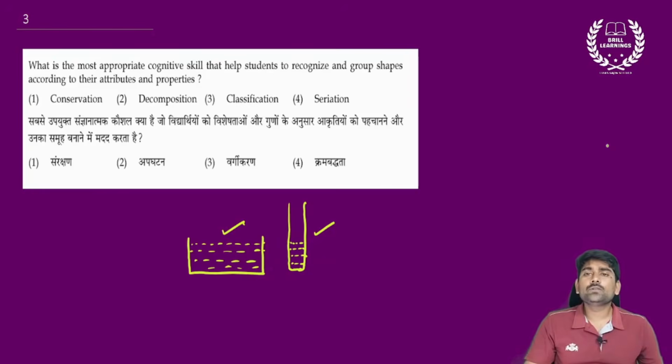Seriation means arranging objects in sequence based on attributes like size or length, but not based on the properties. Options 2 and 4 are not based on the properties, whereas the third one, classification, based on the attributes and properties, they can group the shapes. So the third one is our most appropriate answer here.